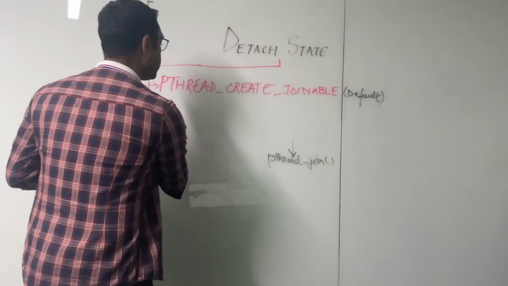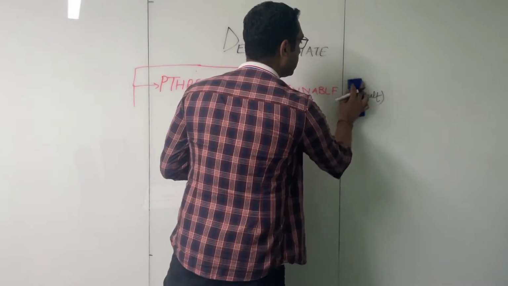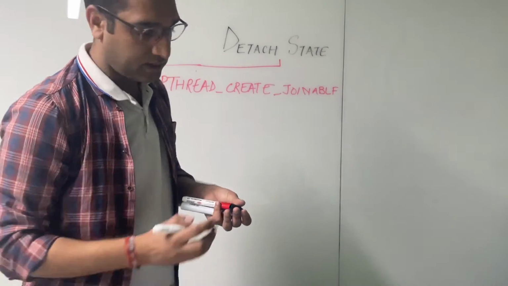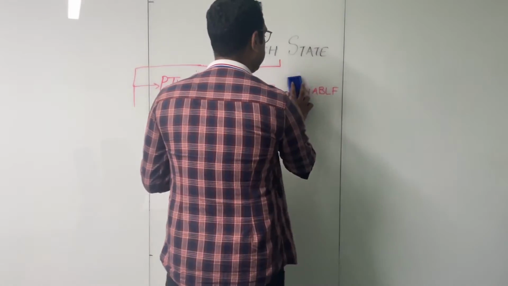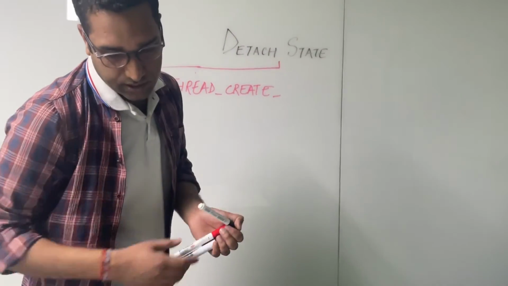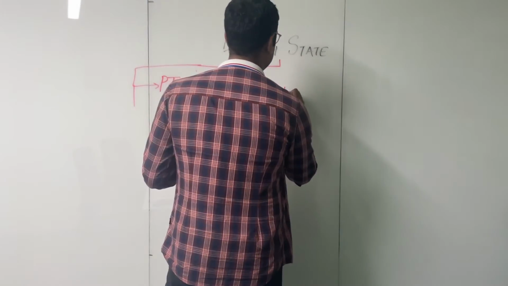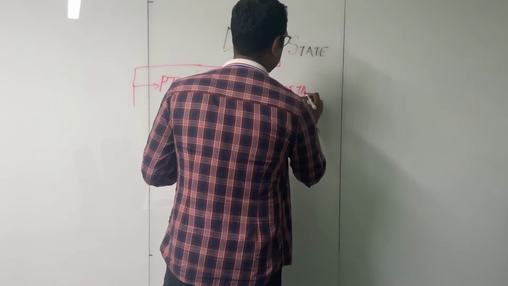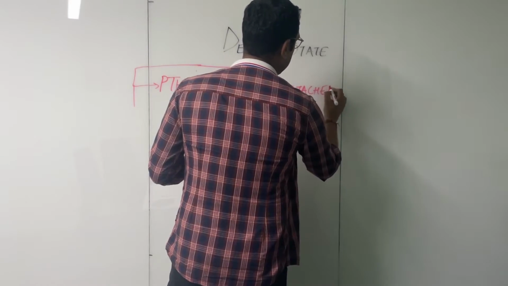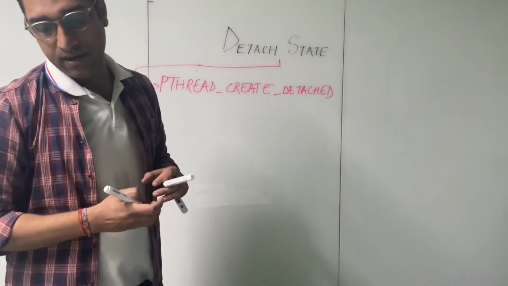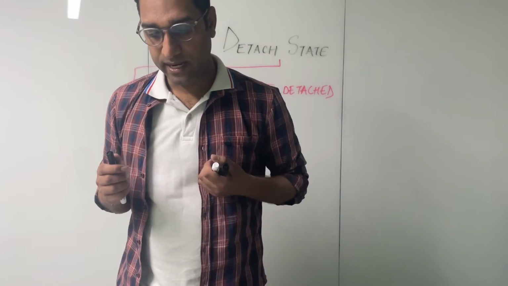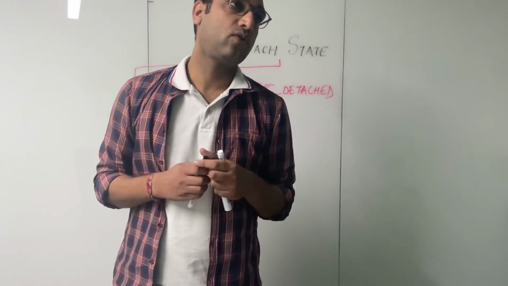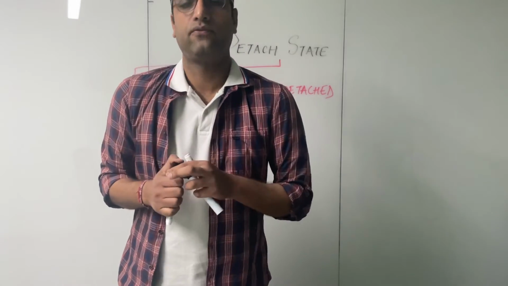If the detached state is not joinable, but the other one, what was the other one? Other one was detached. So if it is detached, in that particular case, the thread terminates and the calling thread will not have to wait for it.